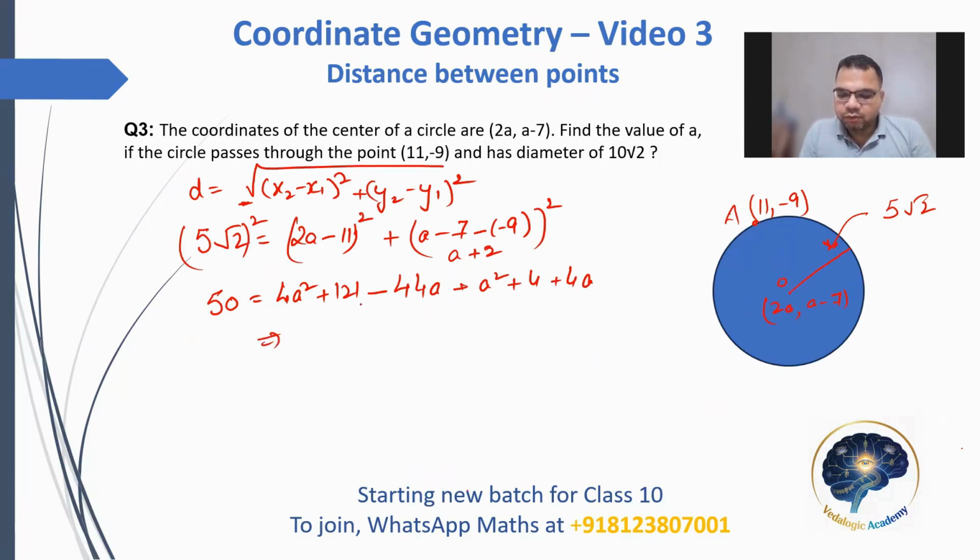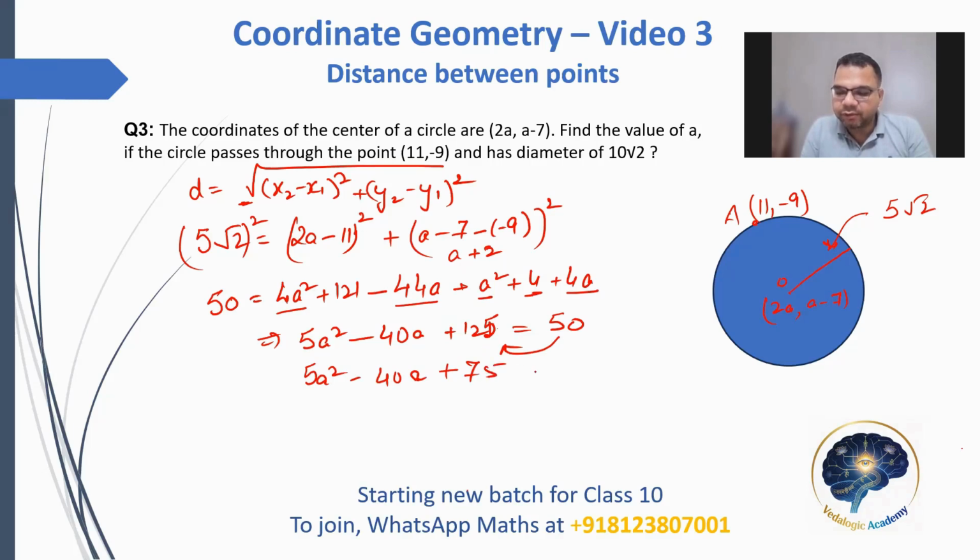So this becomes 4a square plus a square becomes 5a square, minus 44a and plus 4a becomes minus 40a, plus 121, equals 50. And if I solve it further, it becomes 5a square. Oh, and I had 4 as well here, so it becomes 125. And if I subtract 50 from here, bringing it to the left side, it becomes 75 equals 0. And I'll take 5 common. It becomes a square minus 8a plus 15 equals 0.